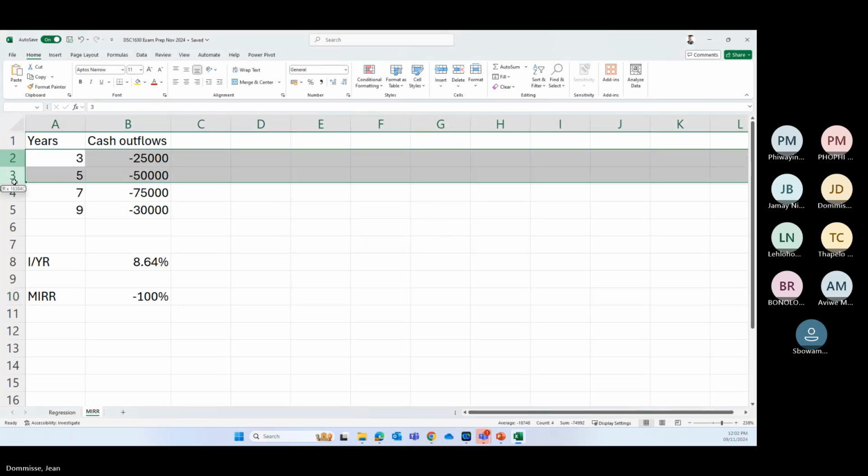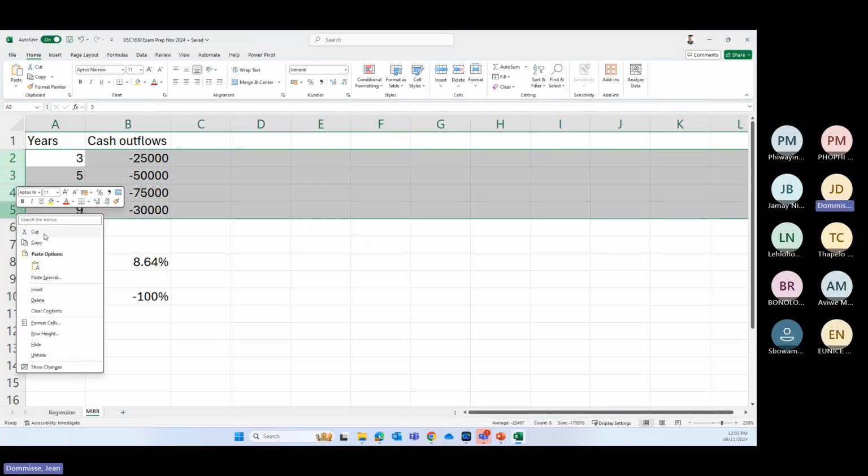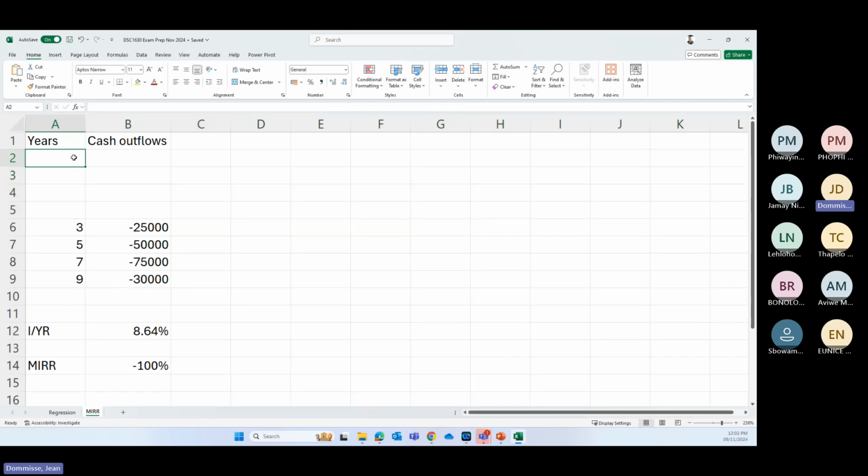But if we have all of that, what we also need to do, what Excel does not see, and that's the problem sometimes with Excel in these questions, it does not see the other numbers.